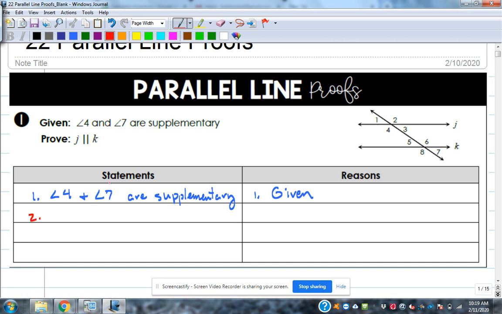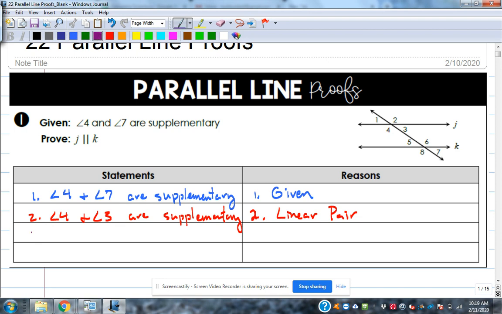What does the linear pair definition tell us? It says that angle 4 and angle 3 are supplementary. Because they're a linear pair. Okay, and then 3 and 7 are corresponding.